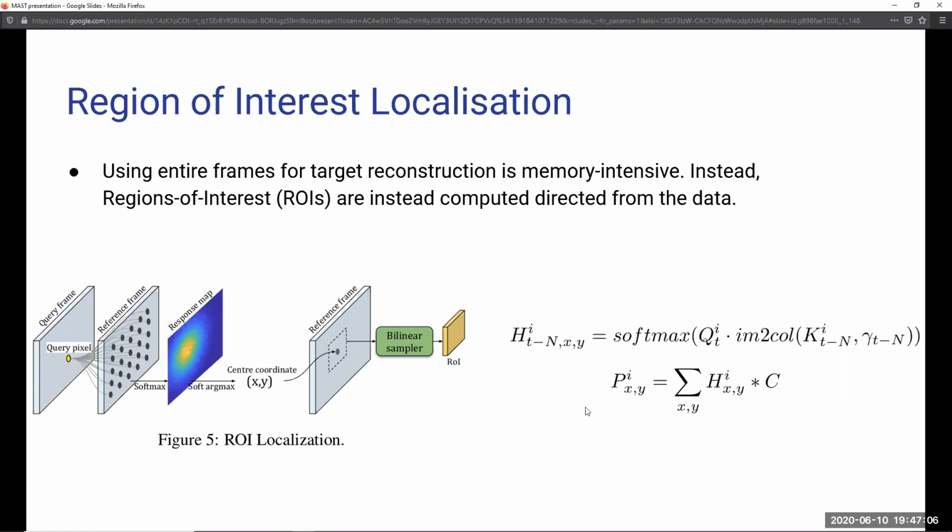Using our affinity score, it would extract the important information and the correct region on this heat map. After this, it uses a bilinear sampler for resampling our ROI, or in other words, our keys.